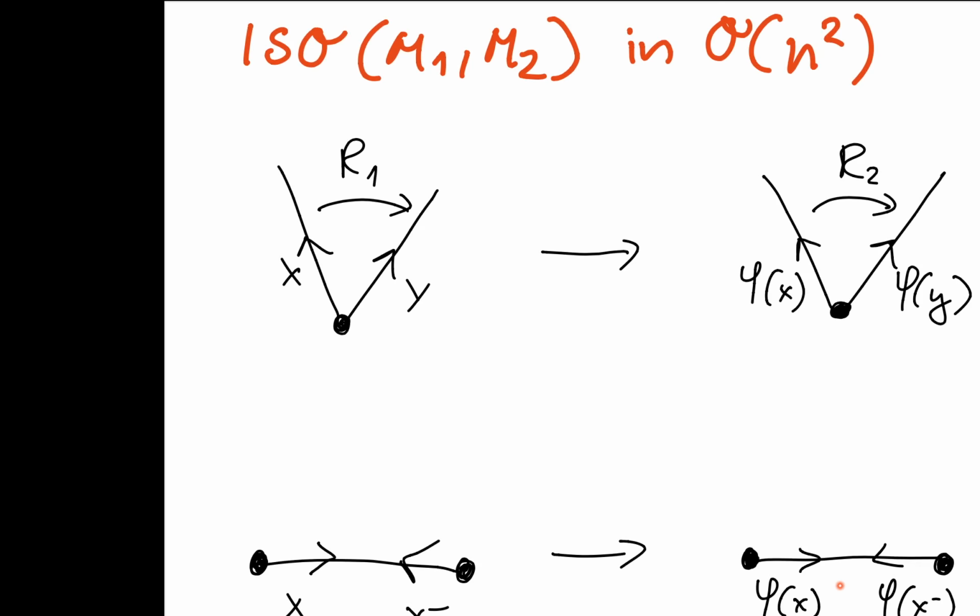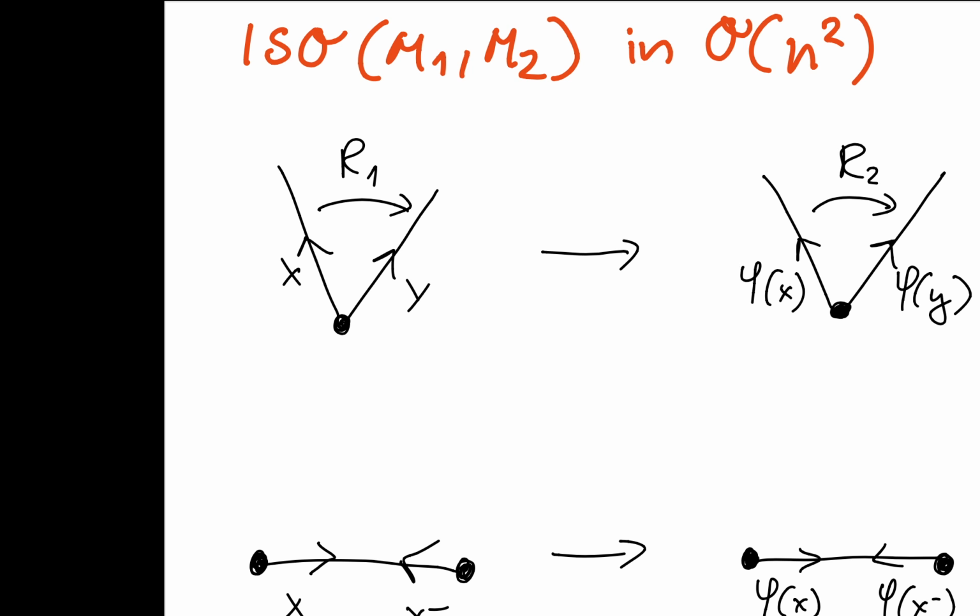There is a trivial quadratic algorithm for this. It is known that if you want to find an automorphism or an isomorphism between two maps, and you prescribe an image for some dart x, then this must extend to a unique isomorphism, or it does not.